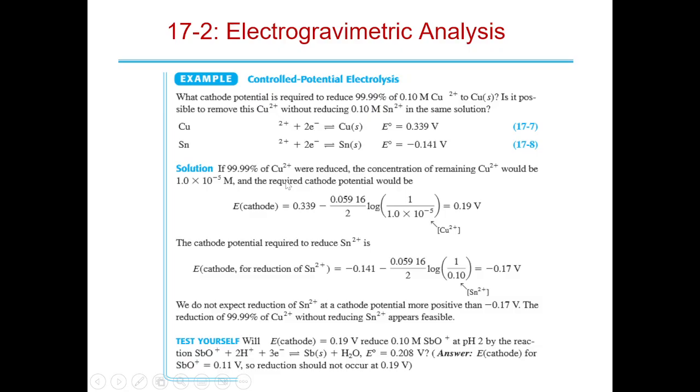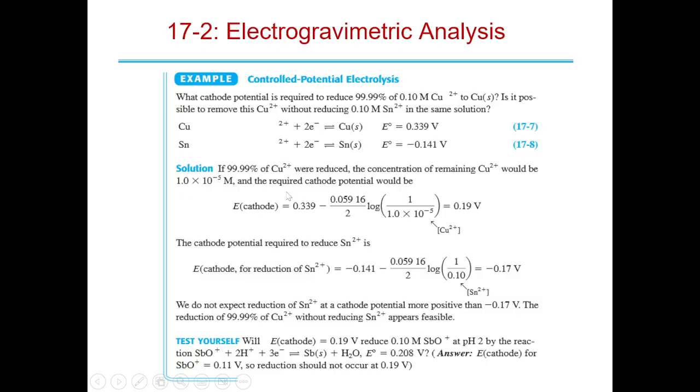So if 99.99% of the copper 2+ was reduced, your concentration of remaining copper 2+ is going to be 1 out of 10 to the negative 5, right? So it'd be 1 over 10 to the negative 5 for your Q, your reaction quotient, in your Nernst equation.